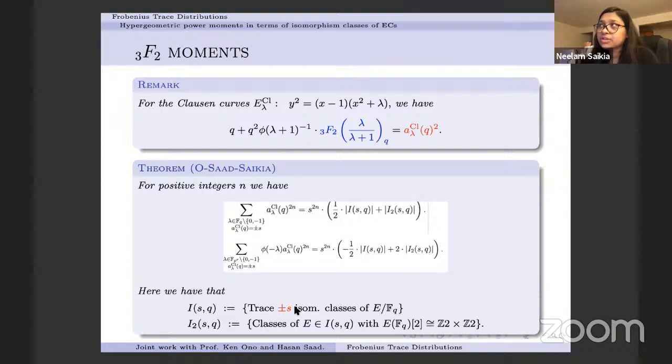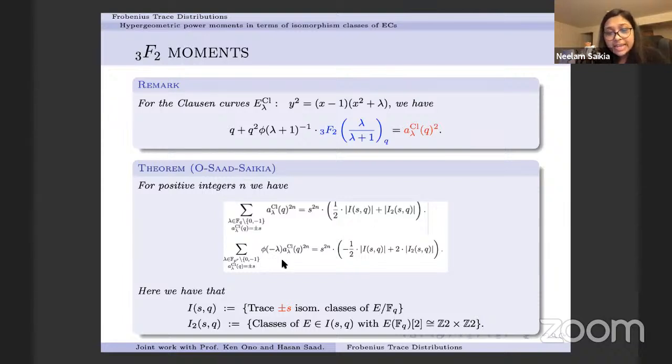And I2SQ is a subset of this set ISQ. It contains all the classes from this set whose two Gaussian points are given by this subgroup. And of course, by Schoof's theorem, we know the sizes of these two sets. So when we apply Schoof's theorem, we obtain this sum in terms of class numbers.